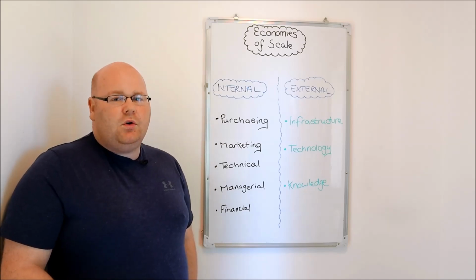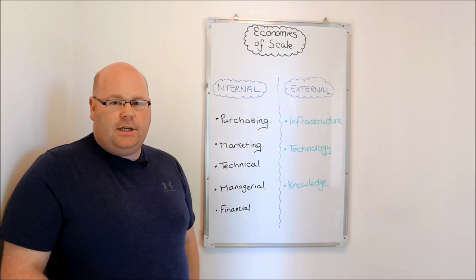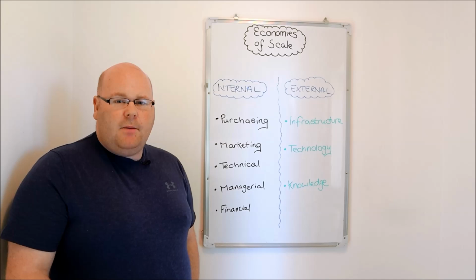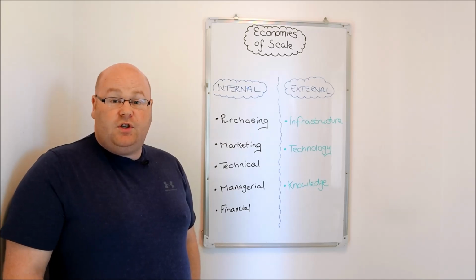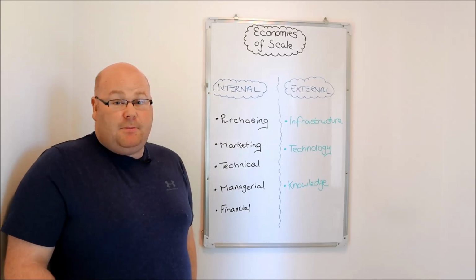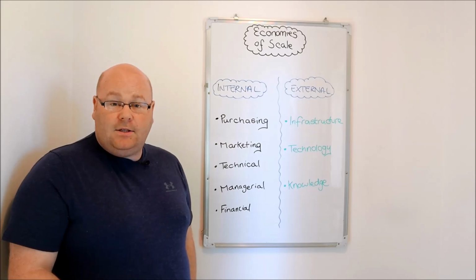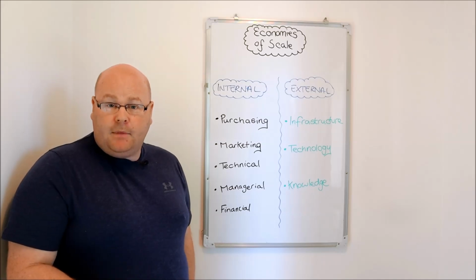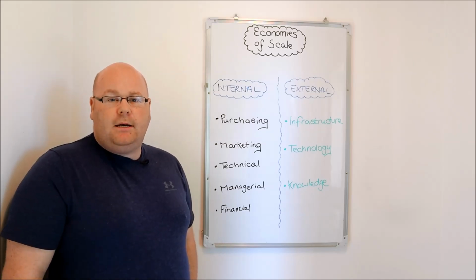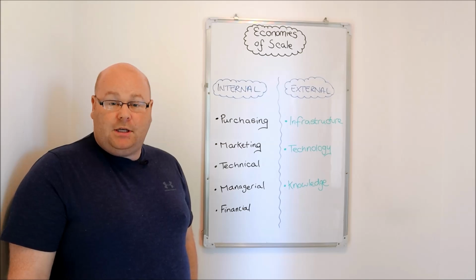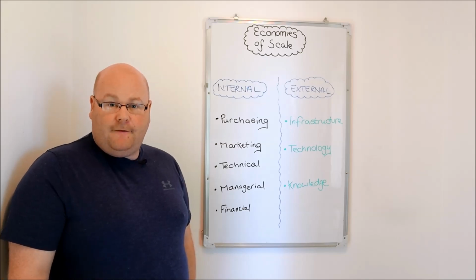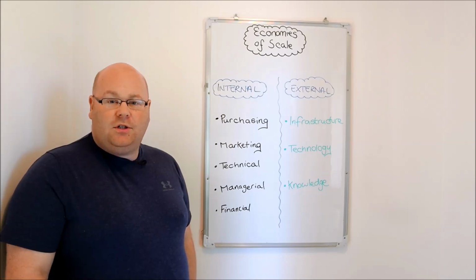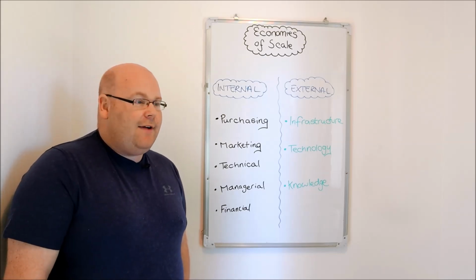Whereas as a business increases its scale of operations, as it produces in larger quantities, it becomes more viable for the business to recruit specialist managers, maybe specialist managers to work in areas of finance or in areas of operations or of marketing. And because these employees that are joining the organization are more specialist, they should be able to perform their functions more productively, and it drives down the cost of producing a unit of output.